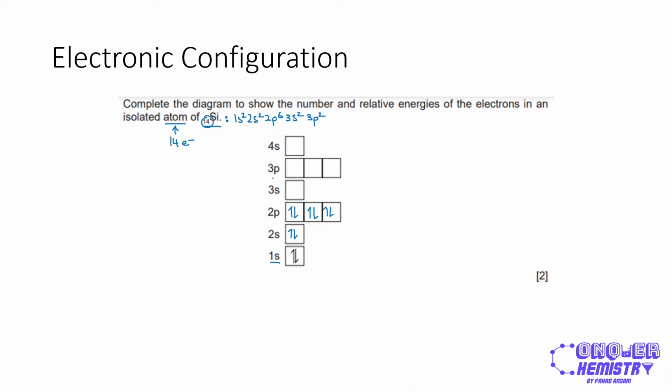Then we have the 3s, which has 2 electrons with opposite spin directions, and then we have 3p2. Remember, because it only has 2 electrons, we will place 1 electron in the first orbital and 1 electron in the second orbital. These will occupy these two orbitals singly, that is, one electron per orbital, before being filled with the second electron for each orbital with the opposite spin direction. This orbital is going to be empty, and so is the 4s orbital, because there are no more electrons to be assigned.